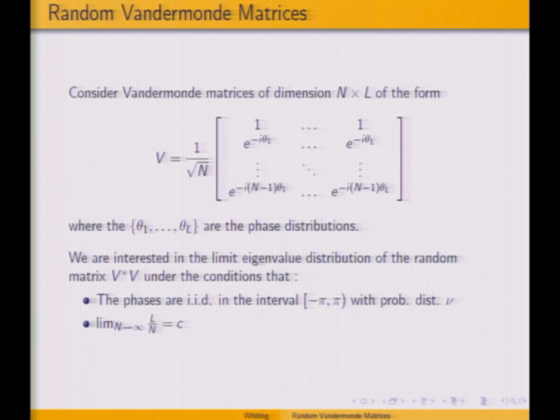So now what we're going to be concerned about is the limit eigenvalue distribution of these random matrices, and we're going to do so under the conditions that we have a selection for the phase distribution. If you like, let it be uniform. Don't worry too much about it.